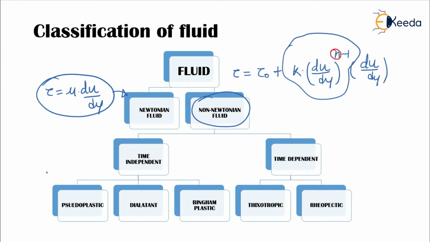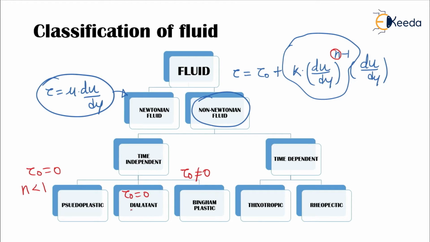We should know that for pseudoplastic fluid, the tau naught value will be 0. For a dilatant fluid, the tau naught value will be 0. But for Bingham plastic fluid, the tau naught value will not be 0. For the pseudoplastic fluid, the value of n will be less than 1.